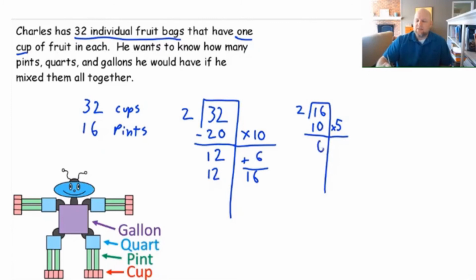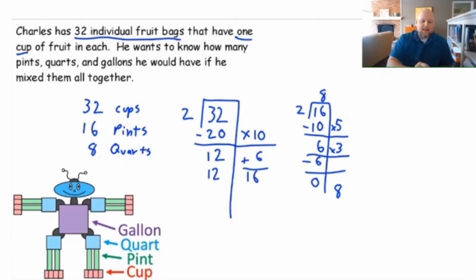That leaves us with 6, and 2 times 3 equals 6. So we'll subtract that, and that leaves us with 0. So we add 5 and 3 together, and that gives us 8. So we find that 16 pints is 8 quarts.